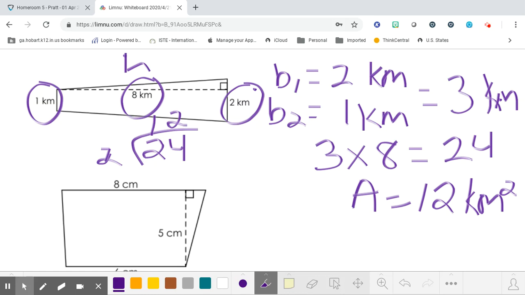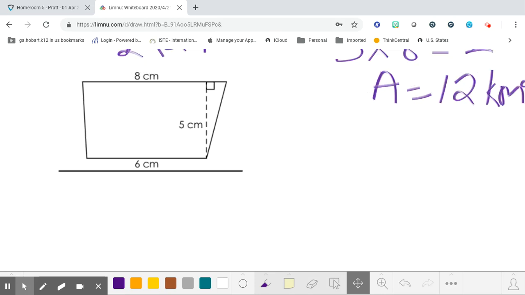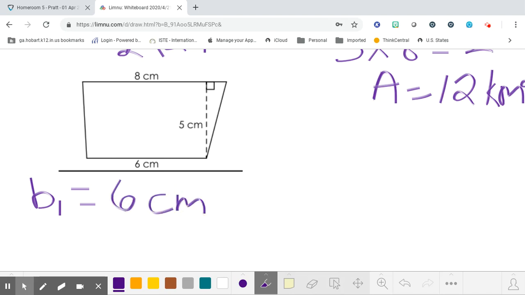Okay, let's do another example. So here we have this trapezoid. Our base 1 is 6 centimeters. Base 2 is 8 centimeters.